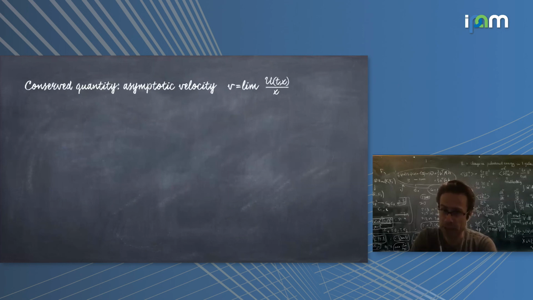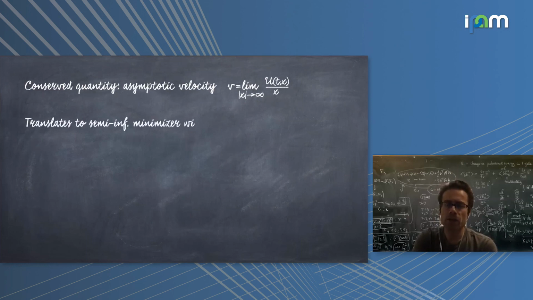It turns out that these equations have a certain conserved quantity, the asymptotic rate of growth of the capital U, which I call the asymptotic velocity. Looking for bi-infinite time solutions with a fixed asymptotic velocity v translates to finding semi-infinite minimizers that have an asymptotic direction as time goes to minus infinity.